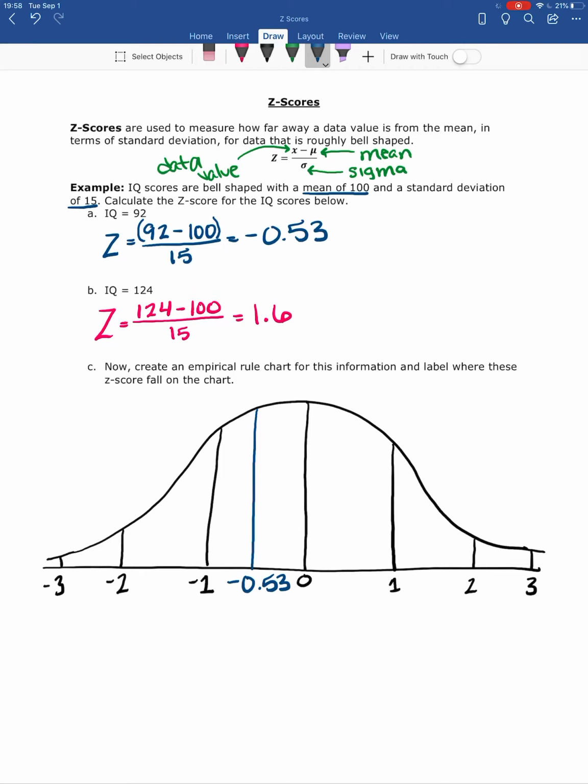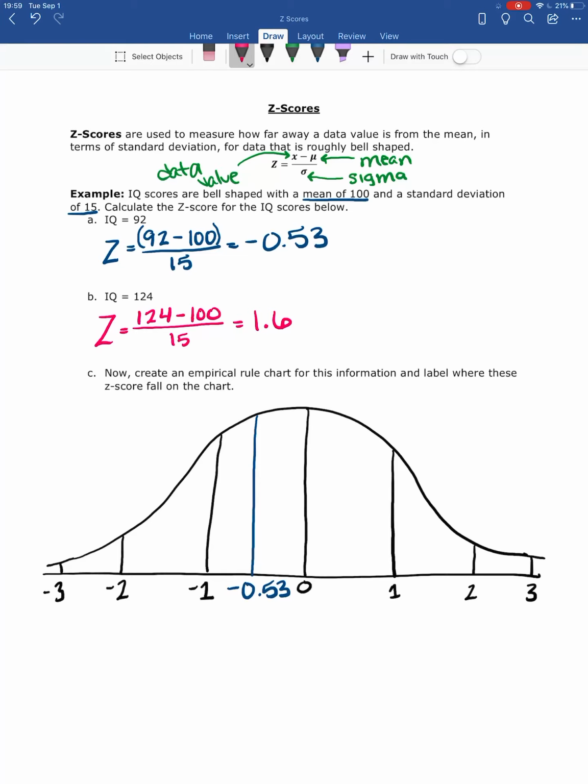And if I look at the original values, 92 is less than 100, so I should be on the less than part of my mean, on the left-hand side. And then if I label my second value, 1.6, 1.6 is between 1 and 2. And it's a little more than halfway between 1 and 2. Maybe it's right there.